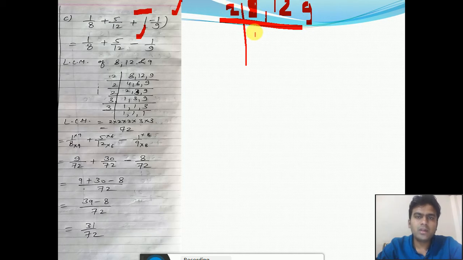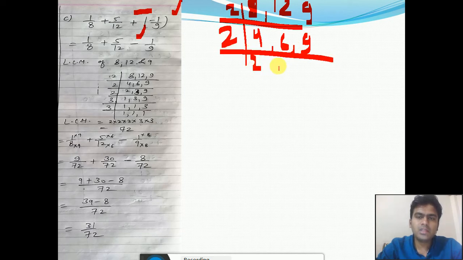So divided by 2, 2 4s are 8, 2 6s are 12, and this 9 we will write as it is. Next again we can divide 4 and 6 by 2. 2 2s are 4, 2 3s are 6, and 9 as it is.